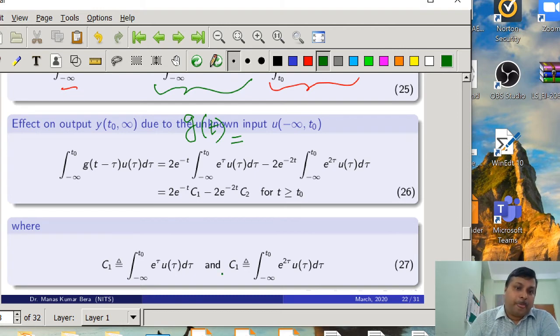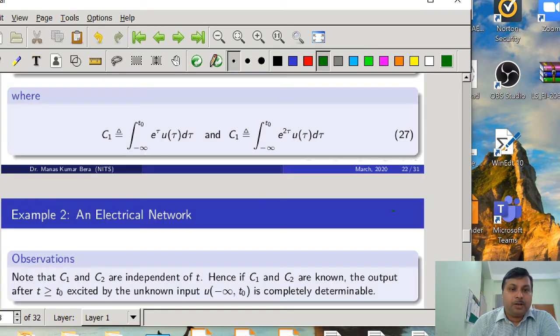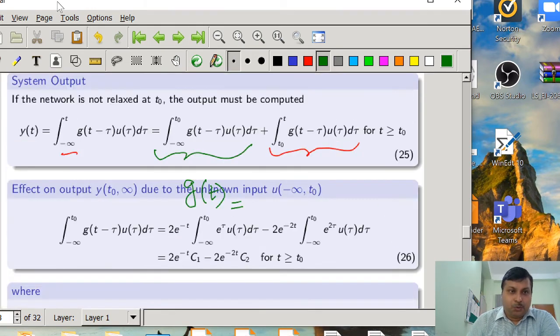Now look at equation number 25 very closely. To know the output y(t) for any time t greater than t0, we have to know the input applied for t greater than or equal to t0. Along with that, the initial condition, from minus infinity to t0, depends on two factors, c1 and c2.